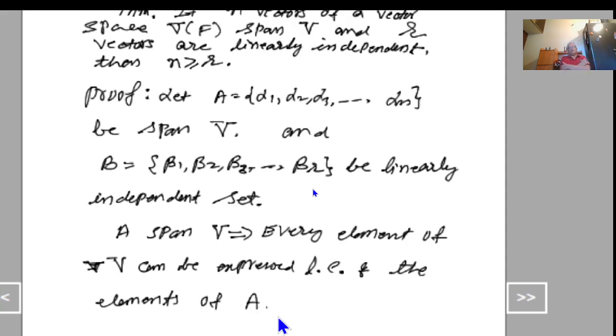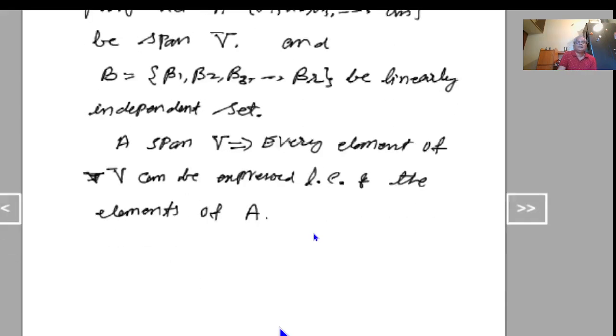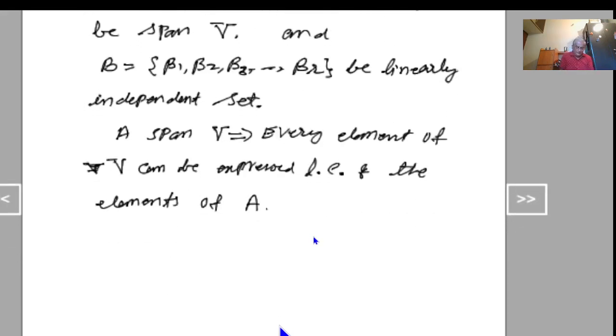That is, the elements of A are nothing but the vectors. Okay. Now here, every element of B can be expressed as the linear combination of the vectors of A. In particular, beta 1 is an element of B. Therefore, beta 1 can be expressed as the linear combination of the elements of A.